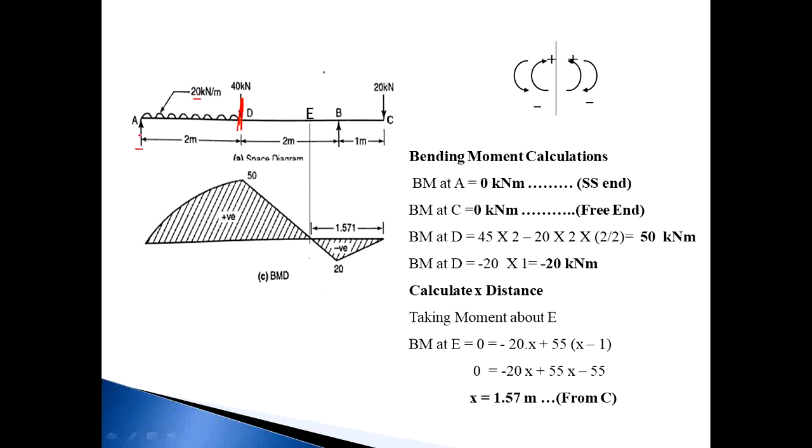The value of RA is 45 and the distance from point D is 2, so 45 into 2. Then the intensity of the UDL is 20, the length of the UDL is 2, and it acts at half of this length, the half of this AD span. So 2 by 2. So the bending moment at D is 50 kilonewton meter.